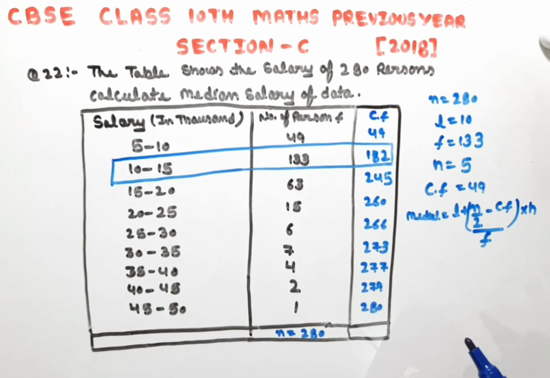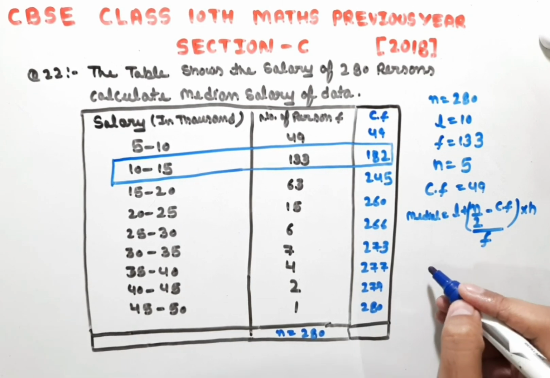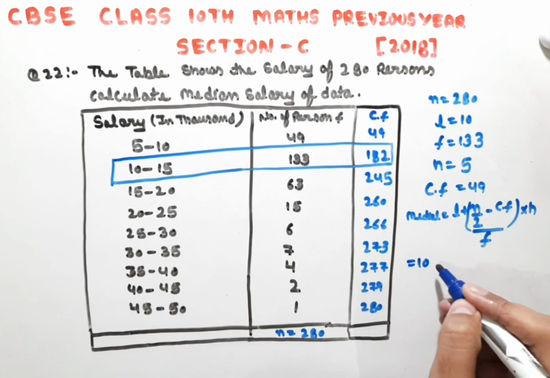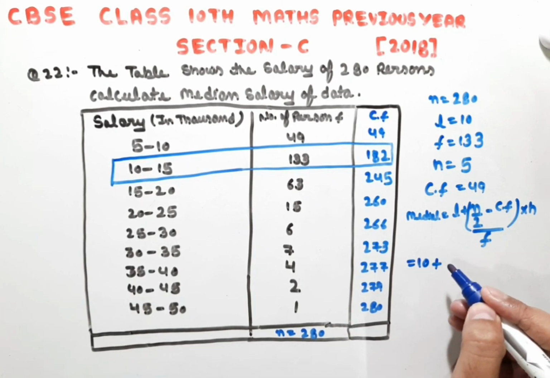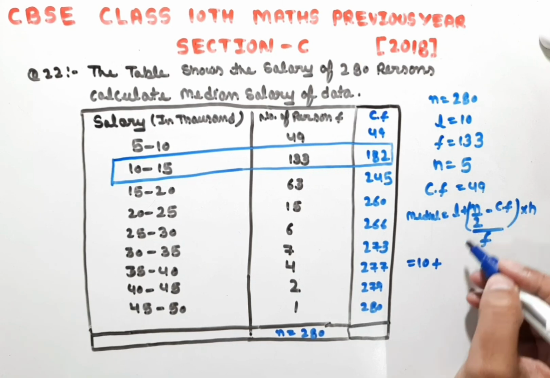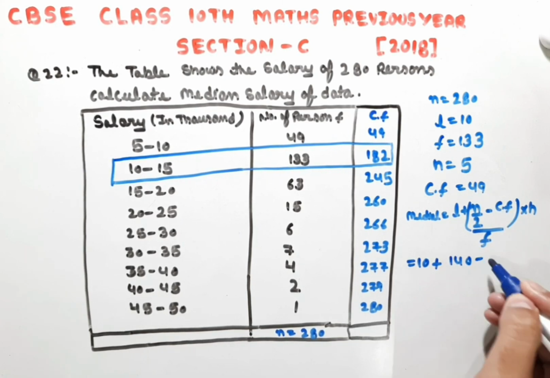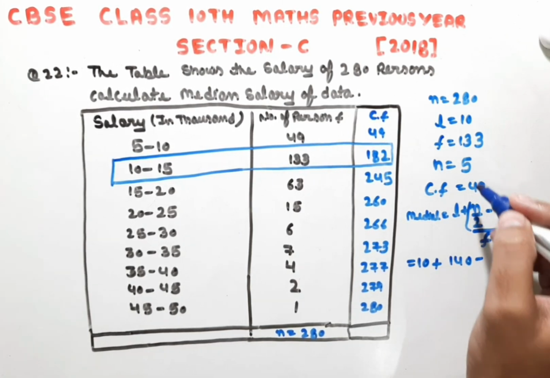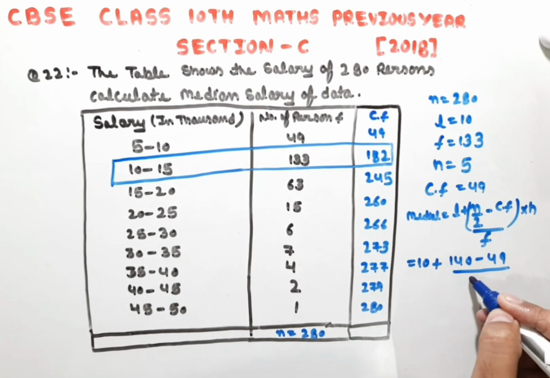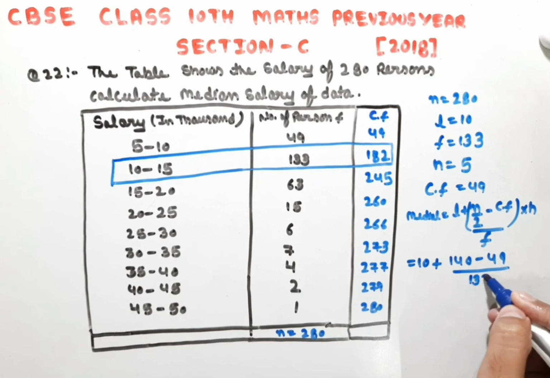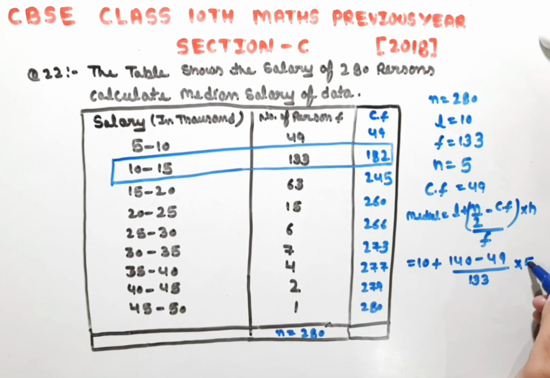Putting value here, l is 10 plus n upon 2, that is 280 upon 2, that is 140, minus cf, that is 49, upon f, that is 133, into h, that is 5.